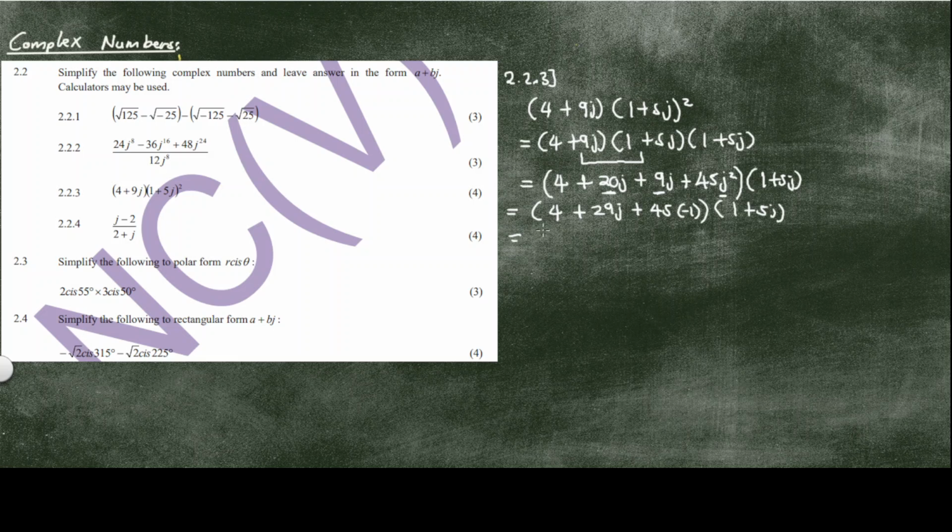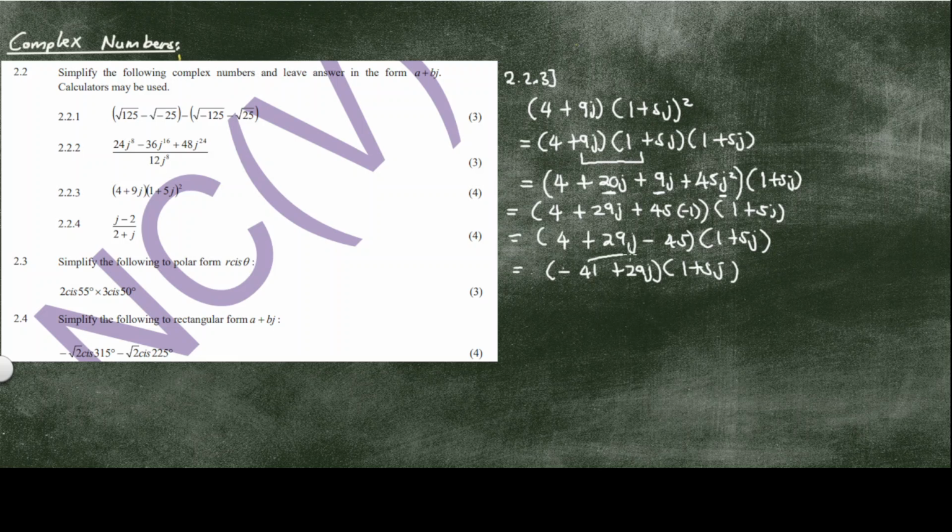So 4 plus 29j, then 45 times negative 1, negative 45, so 4 minus 45 is negative 41. I have negative 41 plus 29j, times 1 plus 5j.